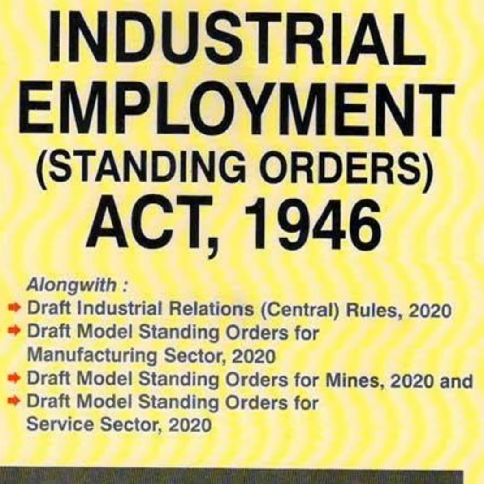Now, towards the definitions in the Act. Industrial establishment. Industrial establishment means 1. Industrial establishment as defined in Clause 2 of Section 2 of the Payment of Wages Act 1936. So that is Section 2, Clause 2 of the Payment of Wages Act 1936. Or 2. A factory as defined in Clause M of Section 2 of the Factories Act 1948.